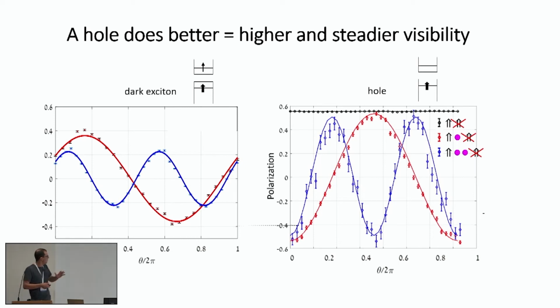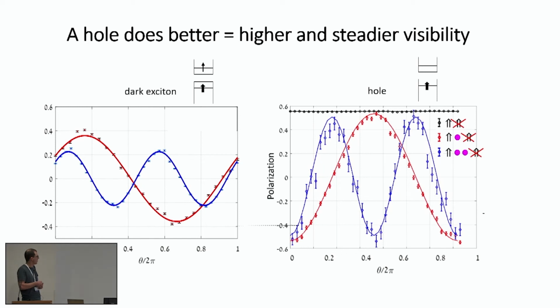So far I did not mention at all what two-level system I was using. So let me say it now. So those results were obtained for the dark exciton occupying the dot, and it turned out that if we use a heavy hole and we use a magnetic field to split it, we can obtain better results. So you see here, this is the same scale.